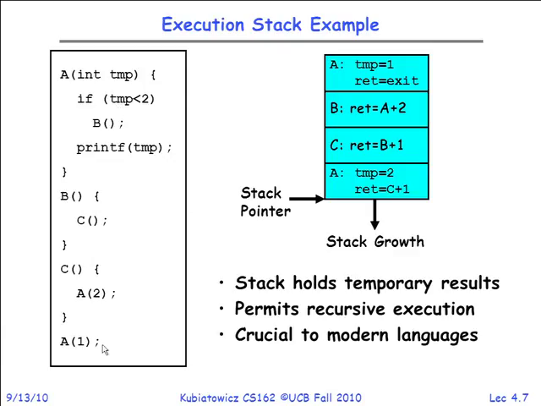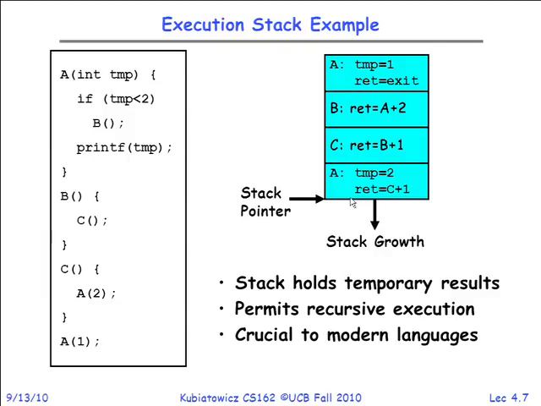What does that stack look like? This is the definition for A, B, and C, so this is the first actual call. We call A of 1, and a stack frame gets allocated for A, and space for this variable temp is put on the stack. Notice that in this stack, which by the way is going to grow downward in this diagram, we have two A's here.